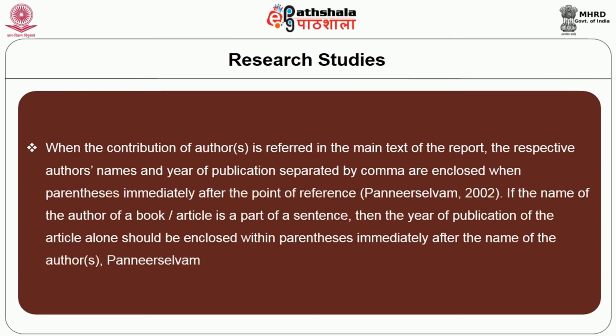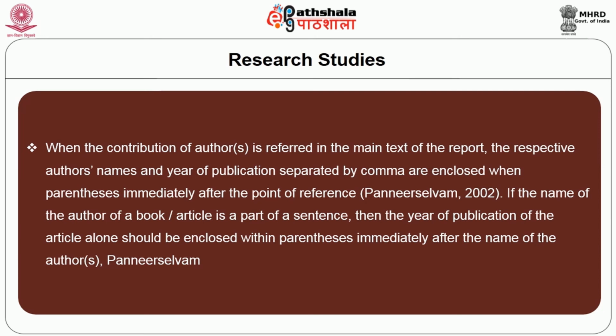When the contribution of authors is referred to in the main text of the report, the respective authors' names and year of publication, separated by a comma, are enclosed in parentheses immediately after the point of reference. If the name of the author of a book or article is part of a sentence, then the year of publication alone should be enclosed within parentheses immediately after the name of the author.